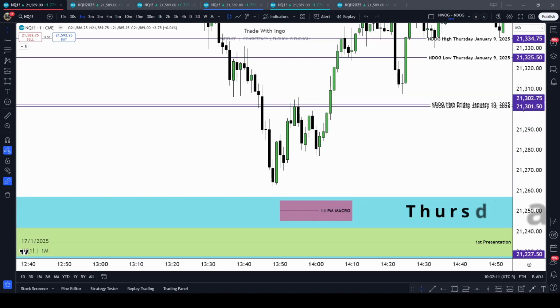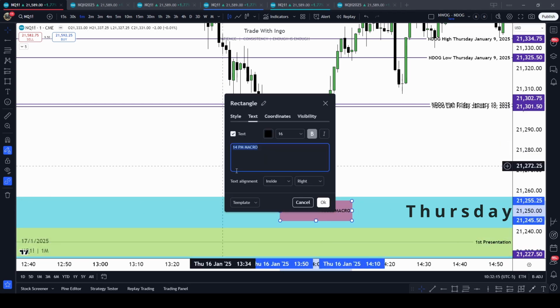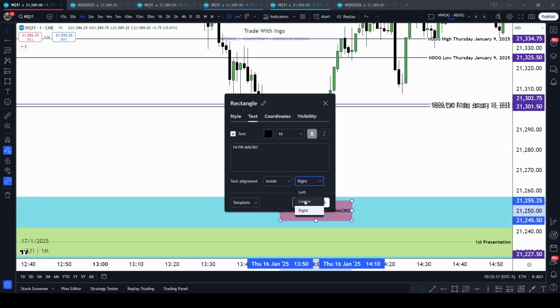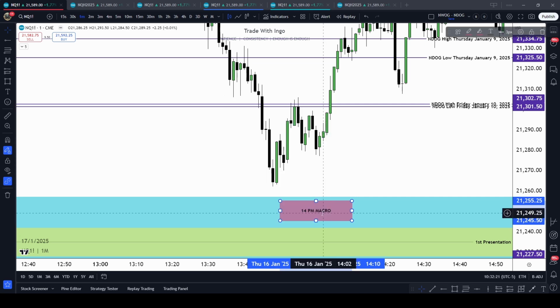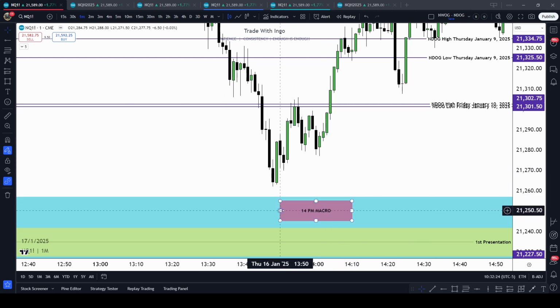If we look into the 2 p.m. macro on Thursday, this one in the center, and leave the middle line for what it is, we can see over here we have the 2 p.m. macro. Over here we have a bullish order block with a volume imbalance on top of it.